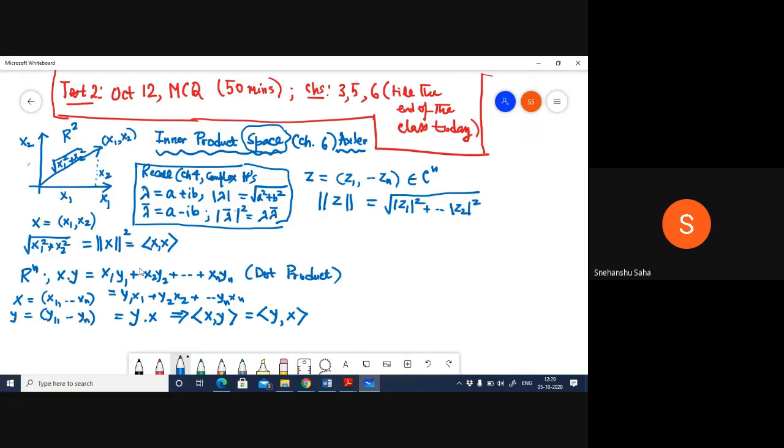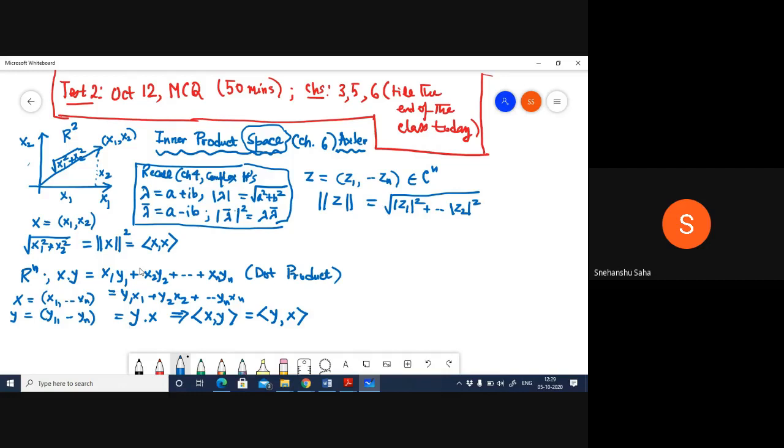I have to have the absolute value inside the square root because I need to ensure that the norm is positive. Since norm is nothing but the length of a vector, it cannot be negative. That's the reason I need to have the modulus, or absolute values of these complex numbers, inside the square root.